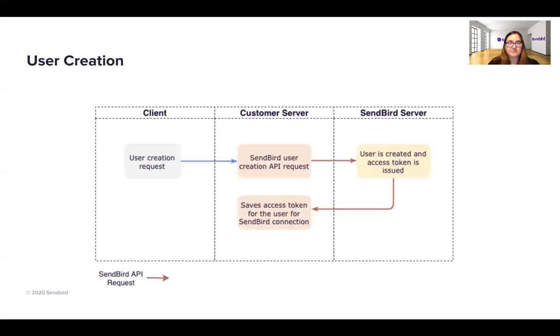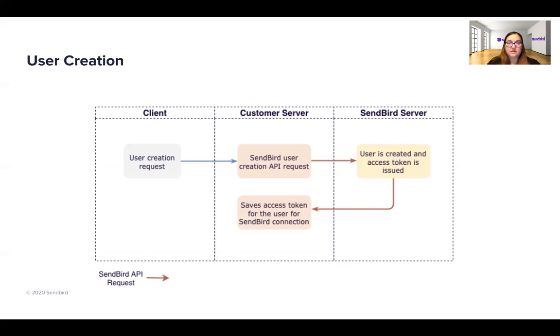Just to step you through, the client side is going to issue a request to create the user. This might be your front end app. Then your application on the back end is going to make a request to Sendbird to create that user, and the user will be created and an access token can be issued upon that creation.